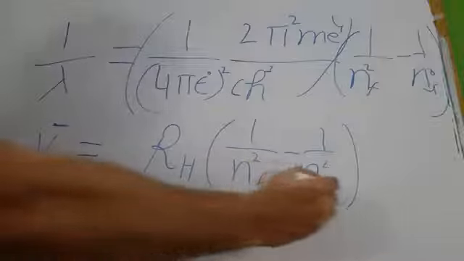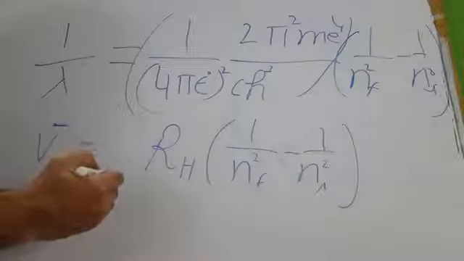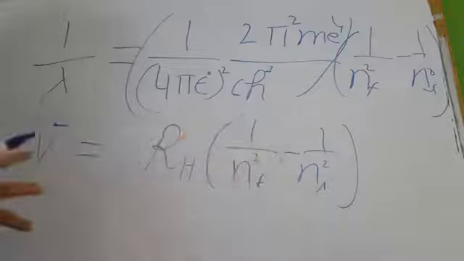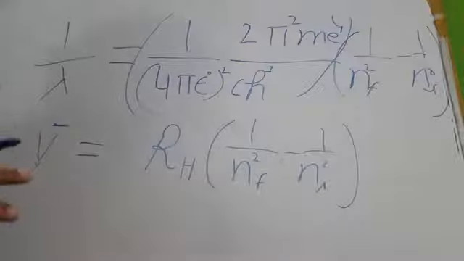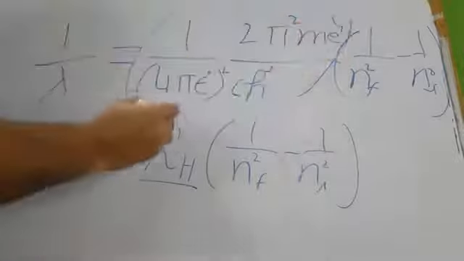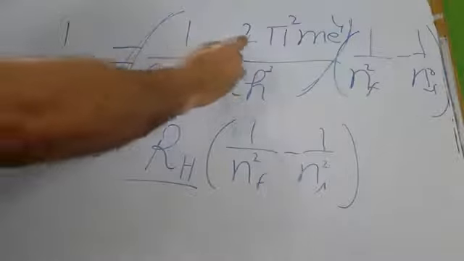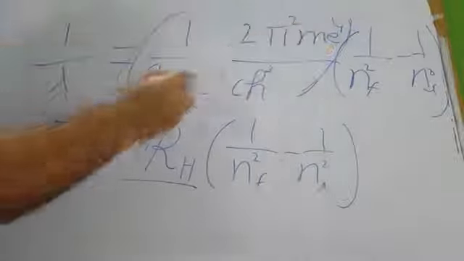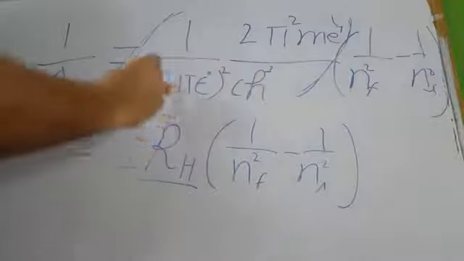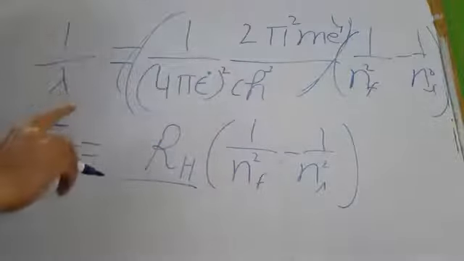Here you get this equation that is given in your book. Its derivation is not in your syllabus. I have derived all those to make your concept clear about where this RH has originated. This is RH, 2 pi square m e to the power 4 upon 4 pi epsilon 0 c h cube. This is a constant for hydrogen atom.